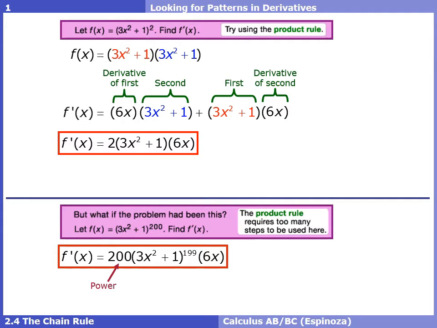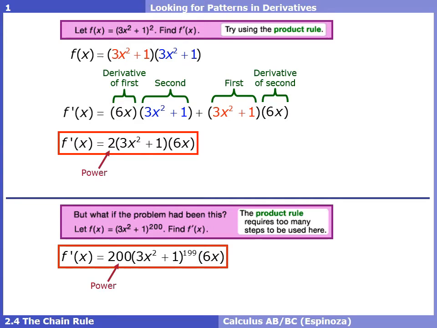You'll notice we have a 200 in front of our derivative, and that looks like maybe the original power. That's a nice observation, and you can see that same pattern in the one we solved above. We see a 2 in front of everything for the derivative, so maybe that was the power from the original function.